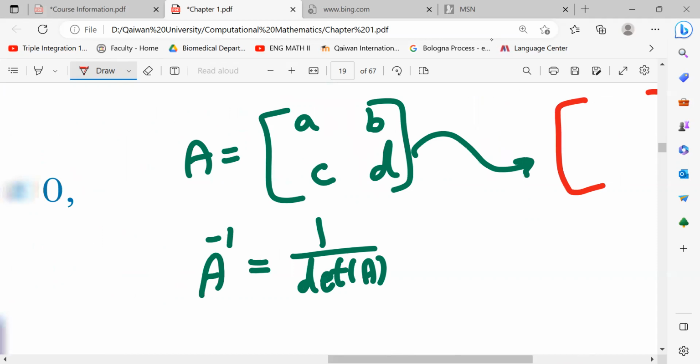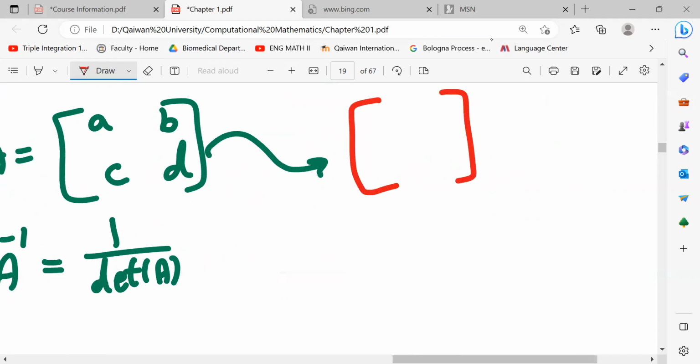We find the adjoint for matrix A. For a 2 by 2 matrix, it's fixed. It's a rule. You can directly write down the adjoint. We interchange these two. If we interchange these two, we get D here and A here. And we change the sign of these two.